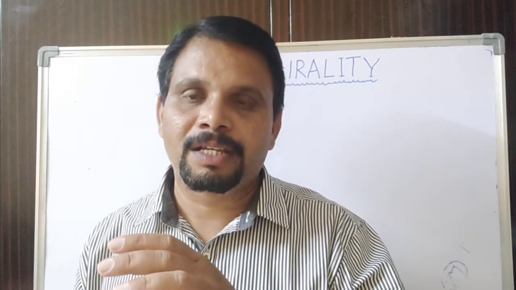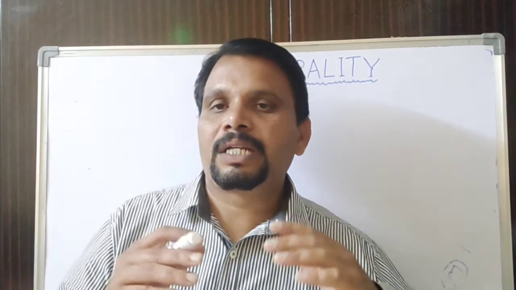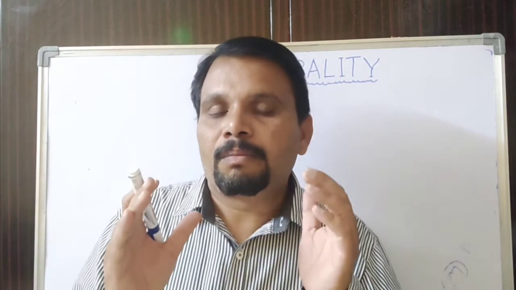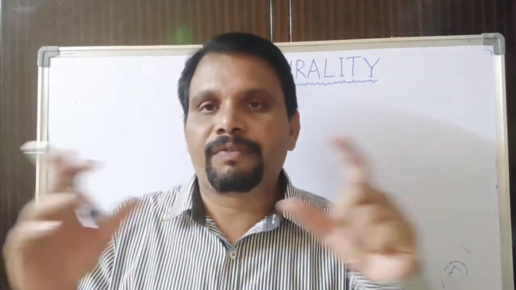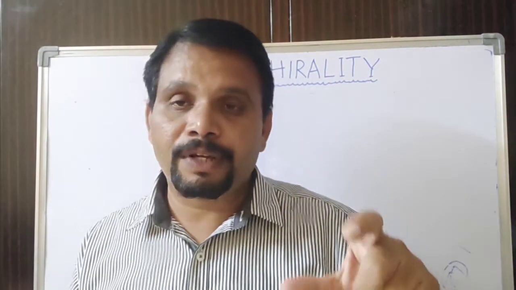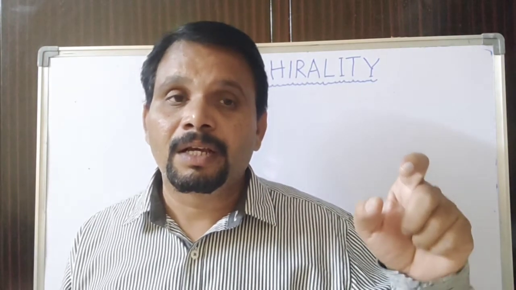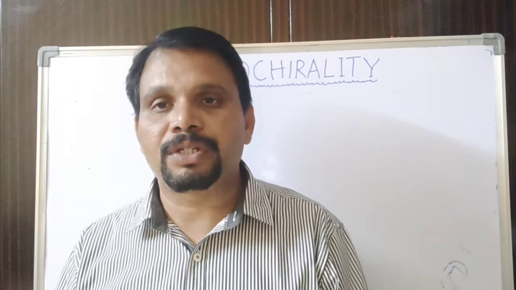Stereoheterotopic faces means that the molecule has two faces, F1 and F2, which are not equal, which are different. Those two faces can generate chiral stereoisomers in the next step reaction.